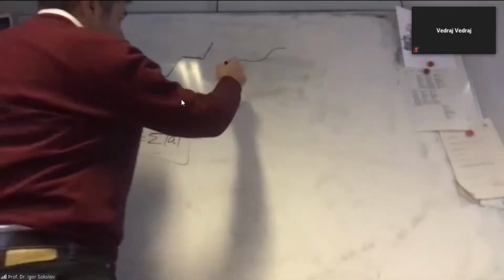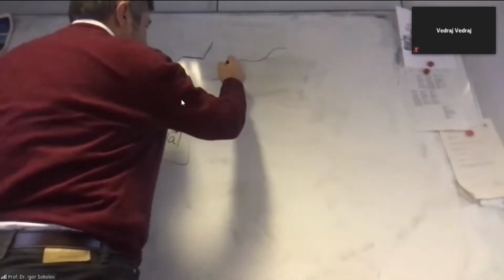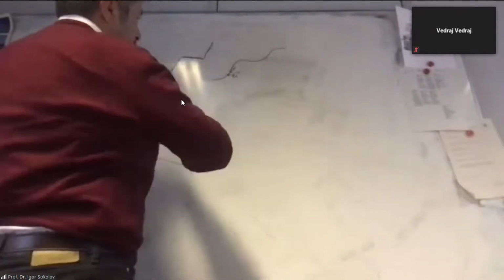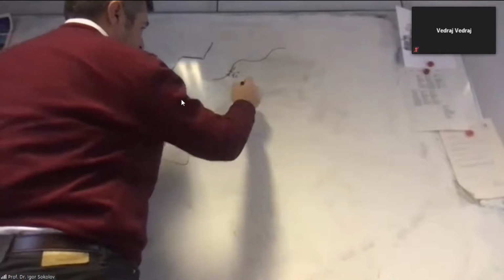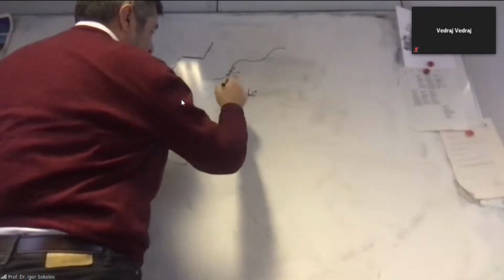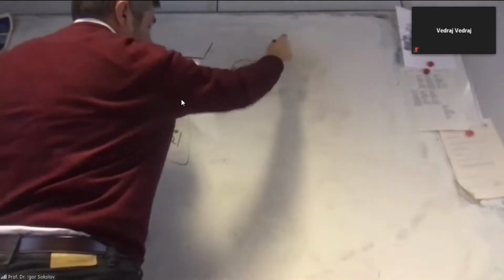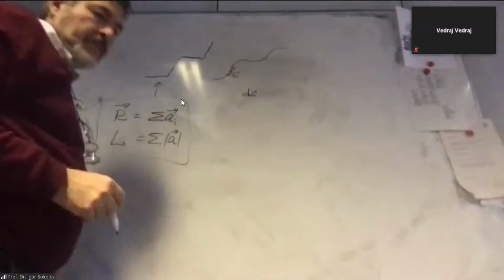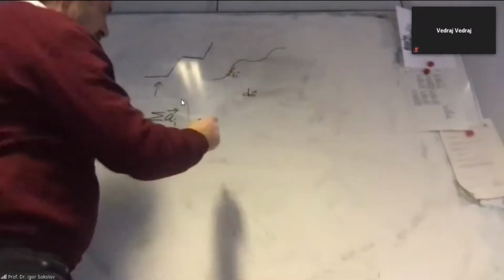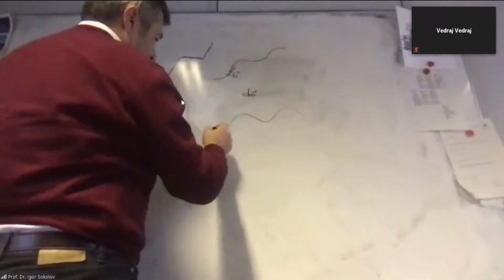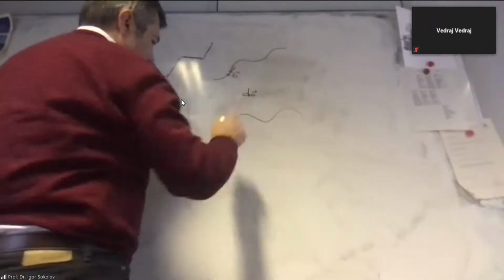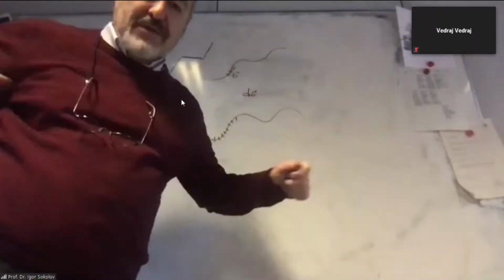And then if I make a short step along the contour length, ds. Contour length is simply, I take a thread, and on this thread I have centimeters. So it's like this thing which the tailors use, and I put it on the chain.